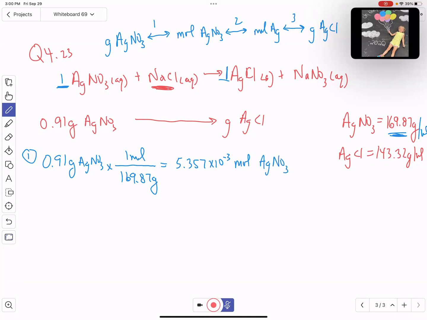All right, now I want to use the mole ratio to say how many moles of silver chloride I will make. We're just going to practice this step. We don't really need to do it for the math, because the math is pretty straightforward. The mole ratio tells us 1 mole in, 1 mole out, so we don't need the calculator for that step.